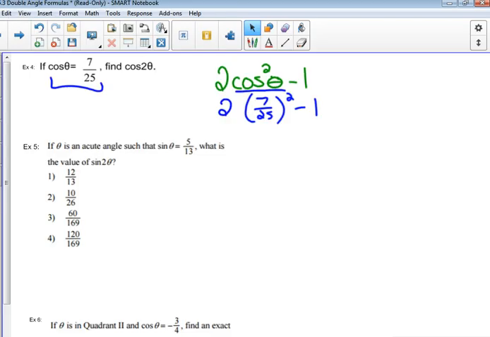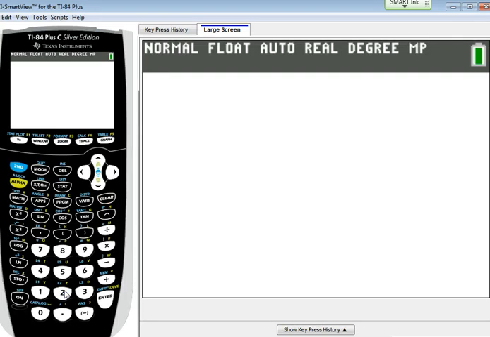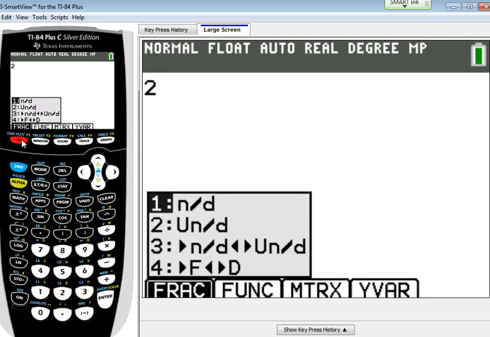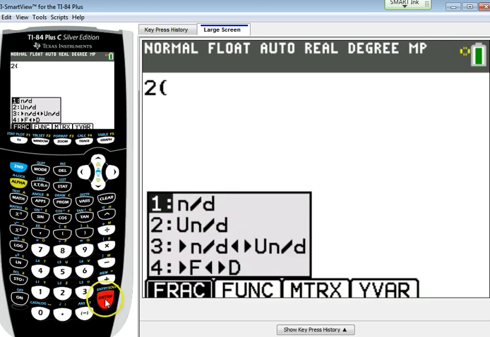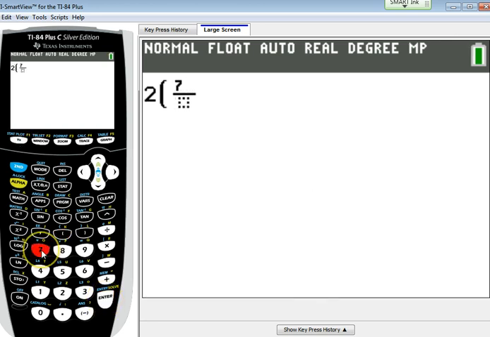So if you did 2 first, and then alpha y equals, and you can tab it over. 2, we do a constant, alpha y equals 7 over 25.